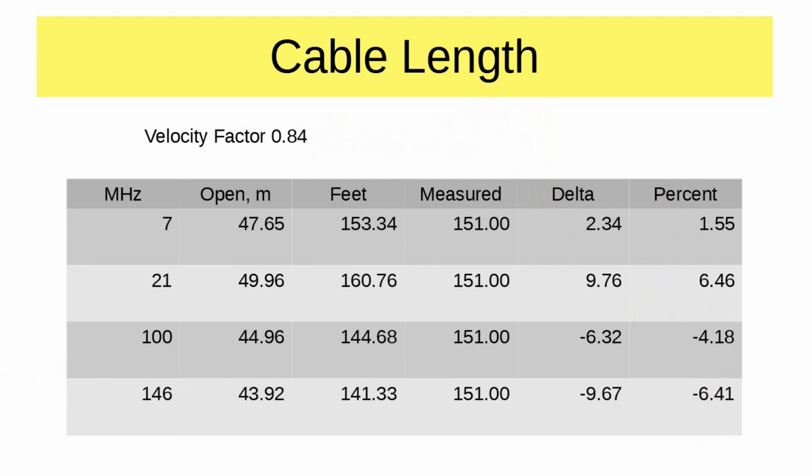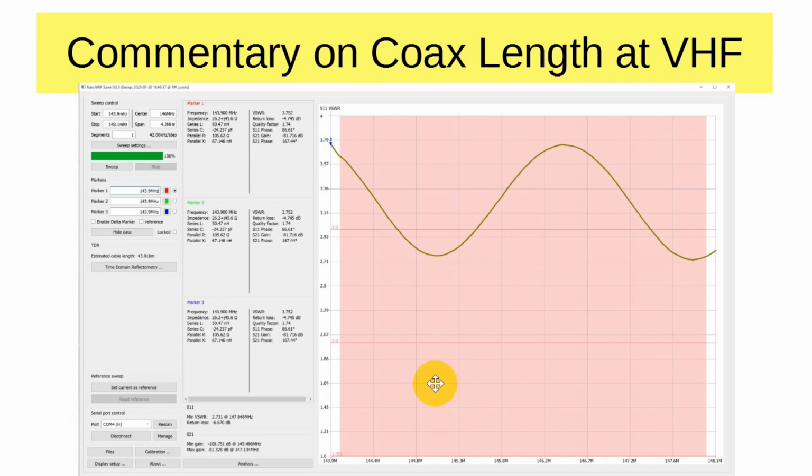Okay, now I want to make a comment on the 144 megahertz band, the 2 meter band. This is the entire display showing the SWR across the 2-meter band with a cable that is open at the end. Okay, it's open.